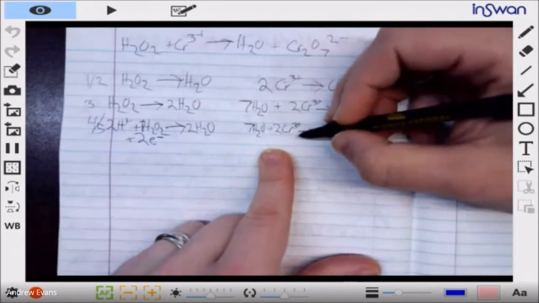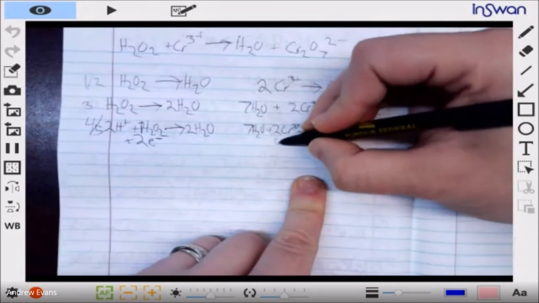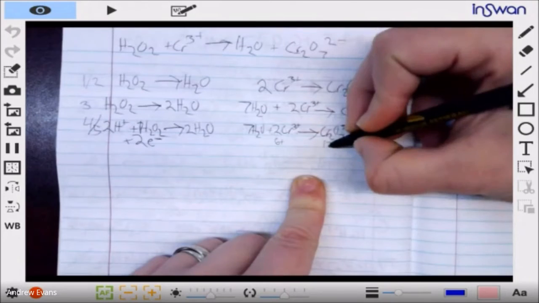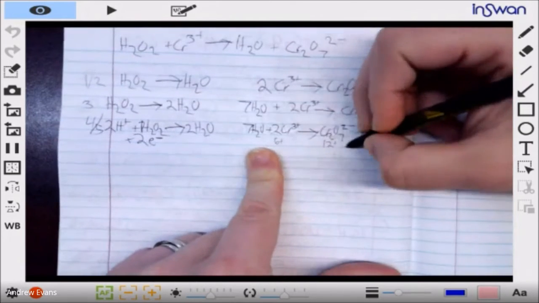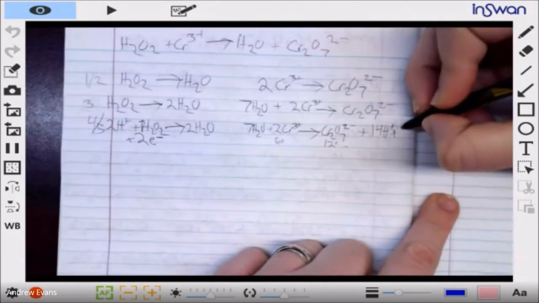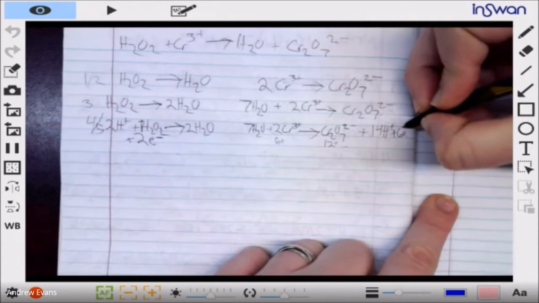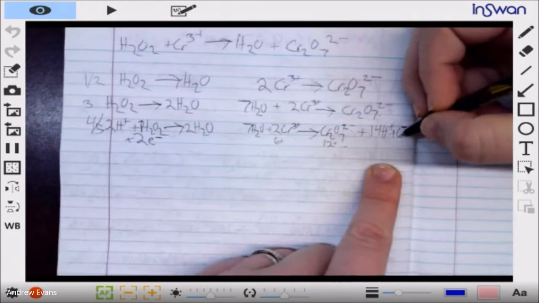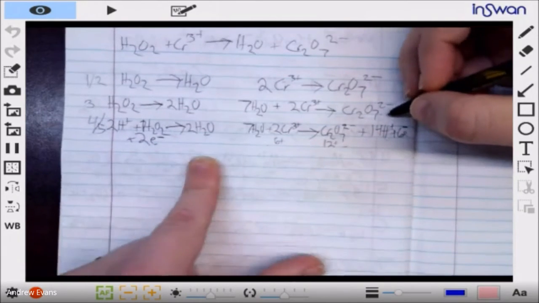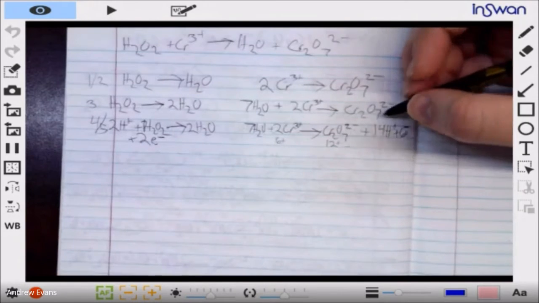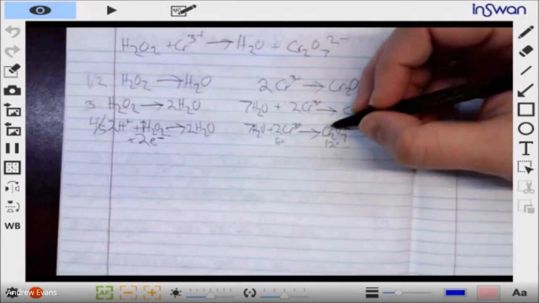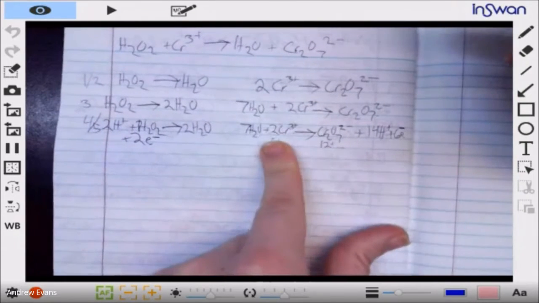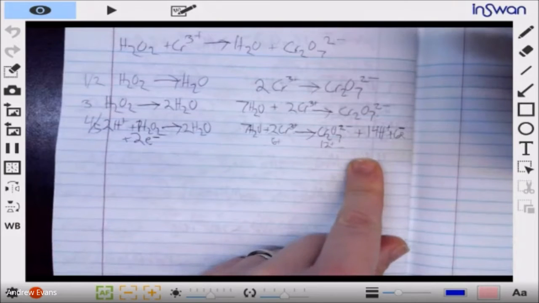Now let's look at the charge. 2 times 3 is 6. 14 minus 2 is 12. What do I got to do? I have to add 6 electrons here. Chromium is actually 6 plus in dichromate, and it's going from 3 plus to 6 plus 2 times.